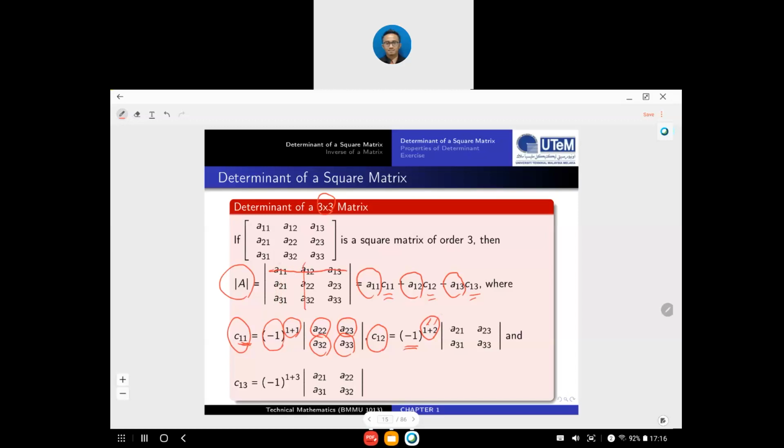So what is the rest? The rest is A21, A23, and then A31, and then A33. So that one is the items of the determinant for cofactor 1, 2.